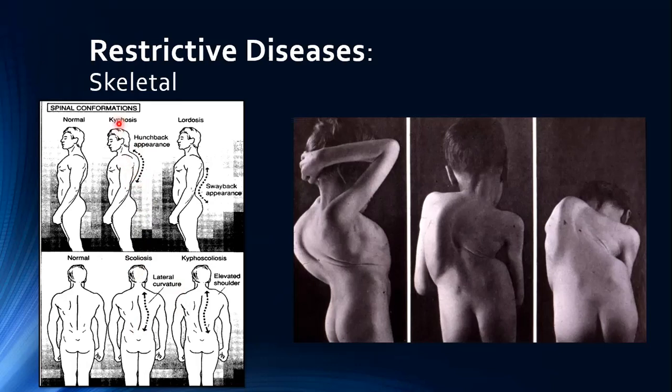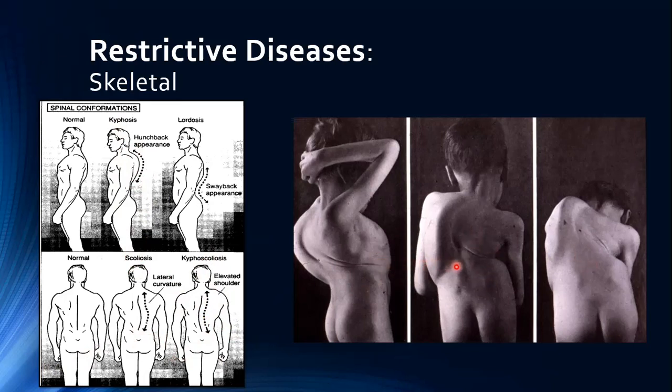That would be kyphoscoliosis right here. When you have a hunchback and S-shaped vertebrae, that crumples up the lung. There's not a lot of space for that lung to expand, and that's why it's called a restrictive disease. It's restricting the lungs from inflating like they should. So this is a really bad case here.